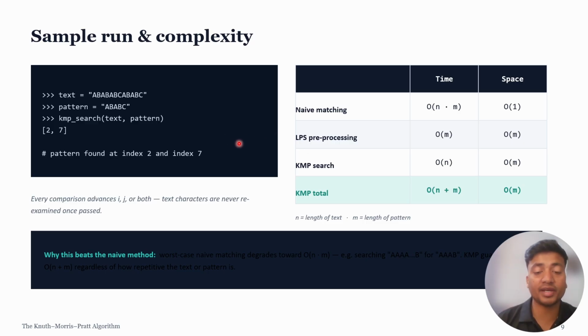Now let us compare the complexity. The naive algorithm takes O of n times m. Building the LPS array takes O of m. Searching takes O of n. So the total complexity of KMP is O of n plus m, which is much faster for large input.